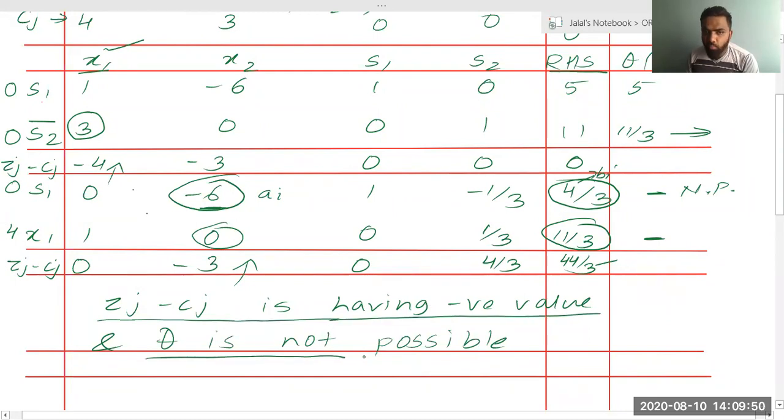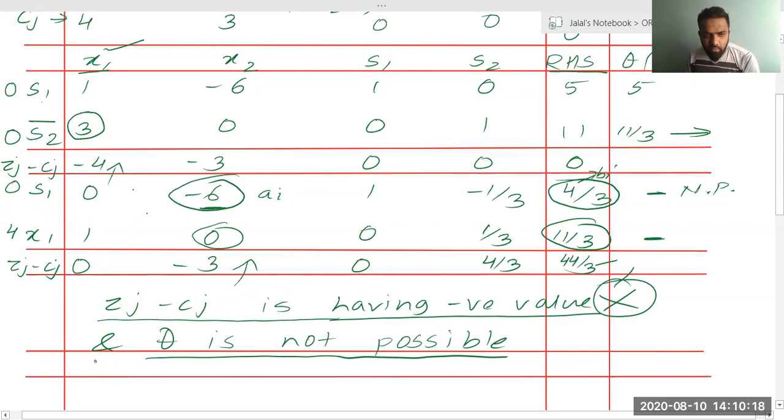If theta is not possible, and if you know how to find theta, sometimes people are not even able to find how to get theta and they say theta is not possible. This is not the case. If actually theta is not possible, you don't bother about whether Zj minus Cj was achieved or not. This is not of any importance to you. If theta is not possible, then the solution is called as, I think, unbounded solution.